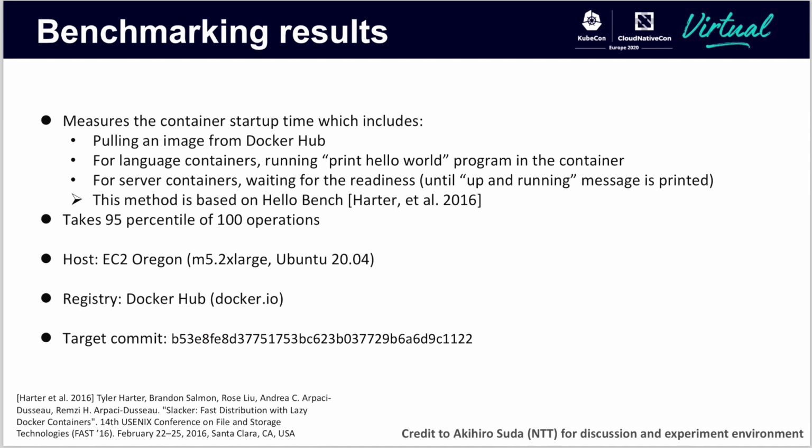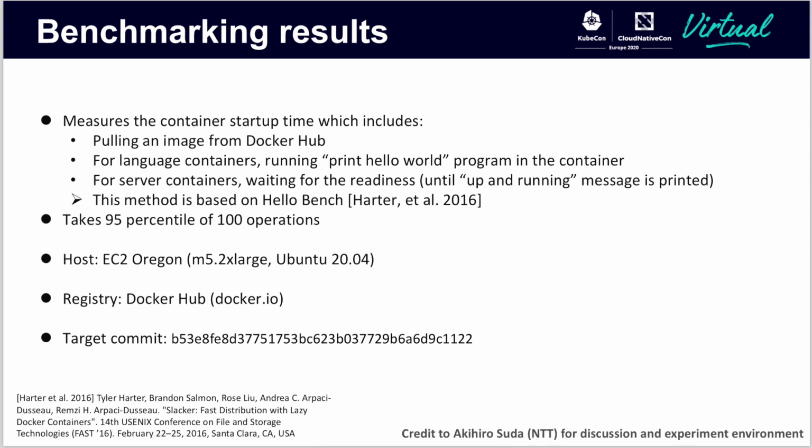And some benchmarking results with Stargz Snapshotter. It measures the container startup time, which includes pulling down the image from Docker Hub, and for language containers, running a print hello world program in the container. For server containers, it waits for the readiness, so it waits until an up and running message is printed from the container.